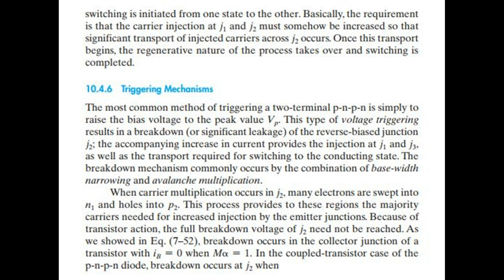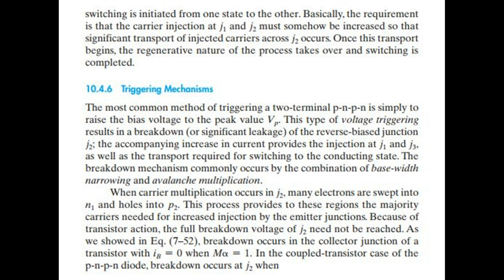Triggering mechanisms. The most common method of triggering a two-terminal PNPN is simply to raise the bias voltage to the peak value Vp. This type of voltage triggering results in a breakdown, or significant leakage, of the reverse biased junction J2. The accompanying increase in current provides the injection at J1 and J3, as well as the transport required for switching to the conducting state.